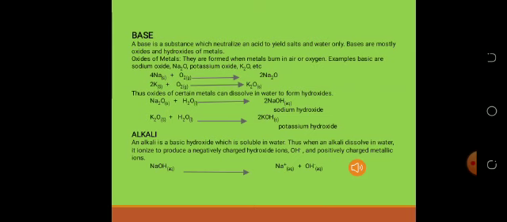So, an alkali is a substance which ionizes in water to give a metallic positive ion and a negative hydroxide ion. A good example, sodium hydroxide ionizing in water to give us sodium ion and hydroxide ion.